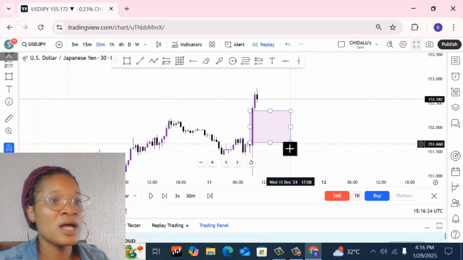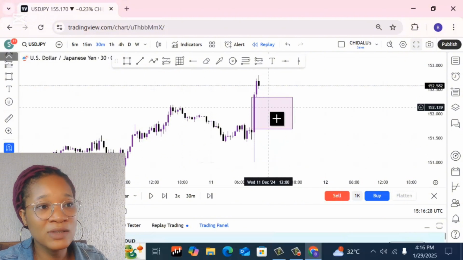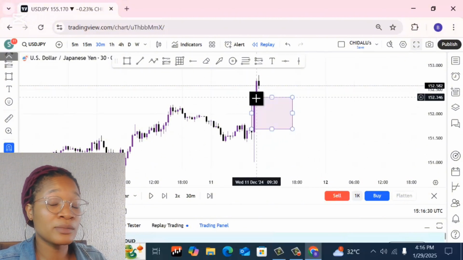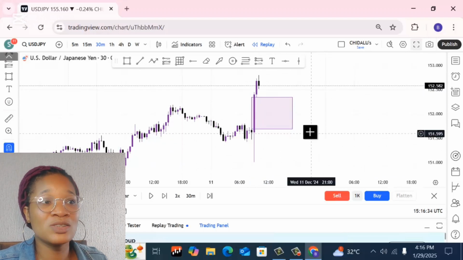All right, so how I personally do it: this fair value gap, the space in between it, is still way too large for me.